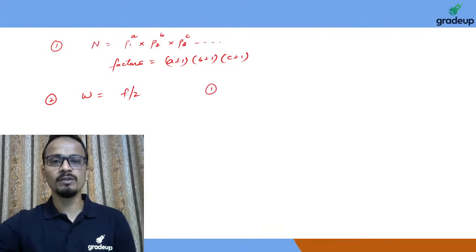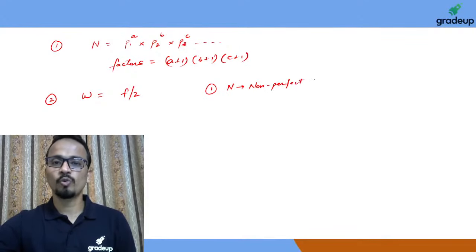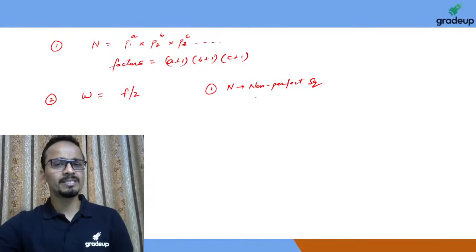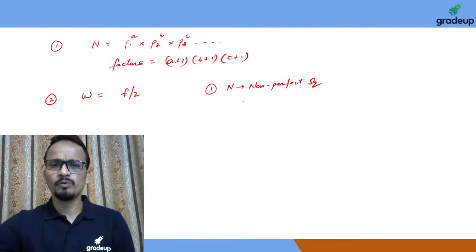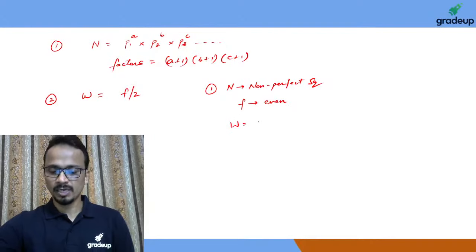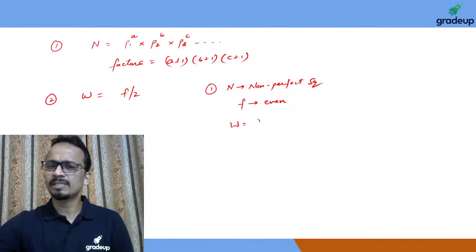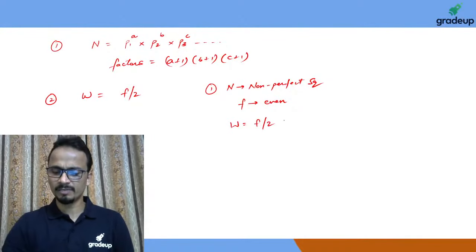The first one was when n is a non-perfect square. Then we know that the number of factors will be an even number, so to calculate the number of ways I can apply the simple formula, number of factors divided by 2.